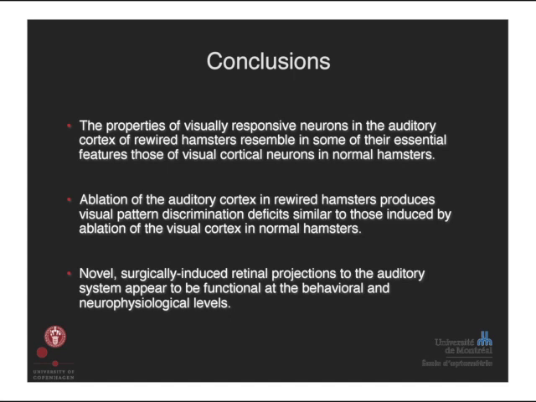And these novel surgically induced retinal projections to auditory cortex are functional at the behavioral and neurophysiological level. This is really a nice case of cross-modal plasticity where you can substitute cortices and hence function.